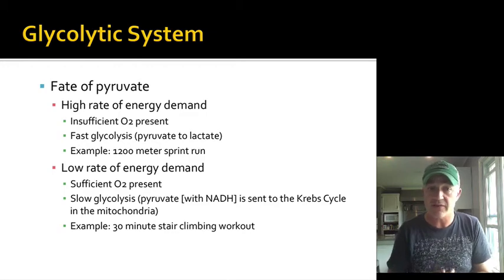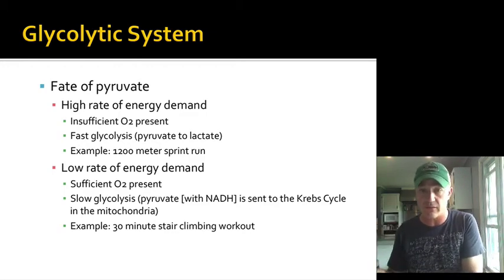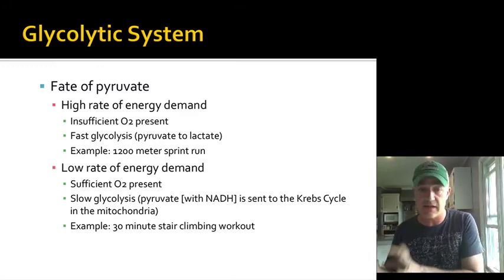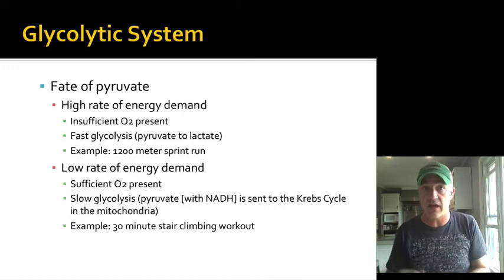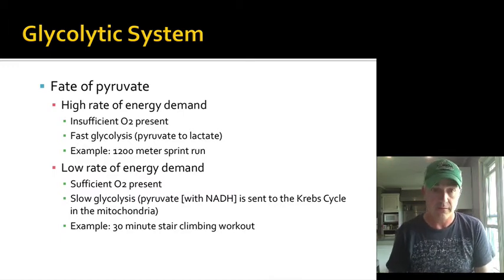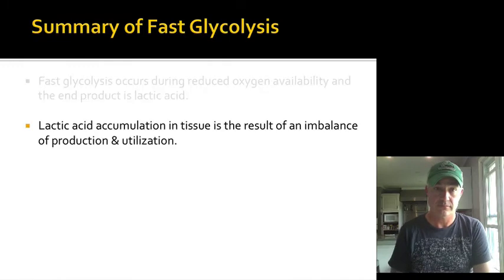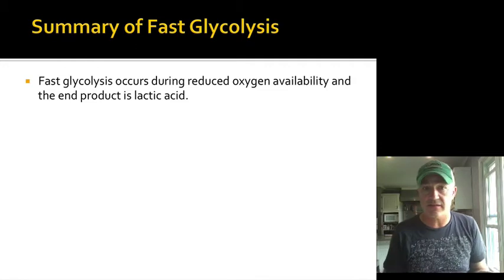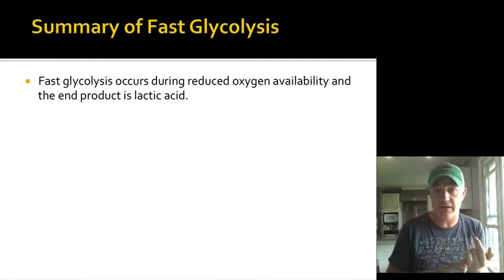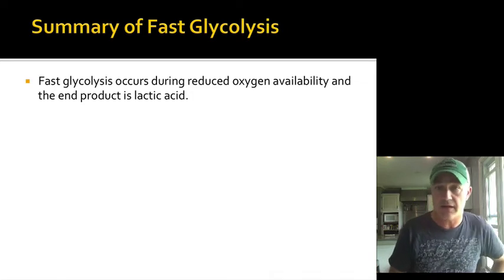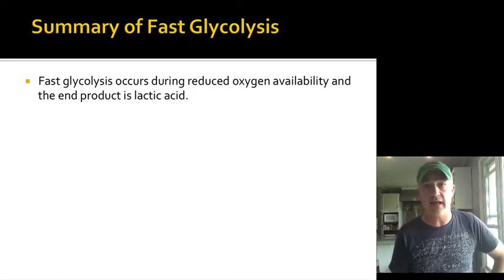So when you don't have a ton of energy demand and there's enough O2, we'll continue with that pyruvate through the Krebs cycle, generate more NADH, those electron carriers, and convert that to ATP. So again, with fast glycolysis, it's going to be occurring when either really high intensity or reduced oxygen availability. It's going to convert this to lactic acid.